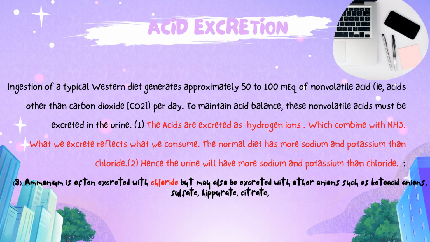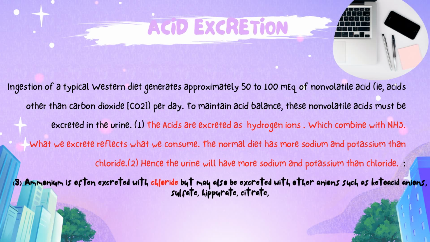The acids that we generate through metabolism are excreted from the body as hydrogen ions, which combine with the ammonia, NH3, that is generated in the proximal convoluted tubule, forming ammonium. So what we excrete reflects what we consume.